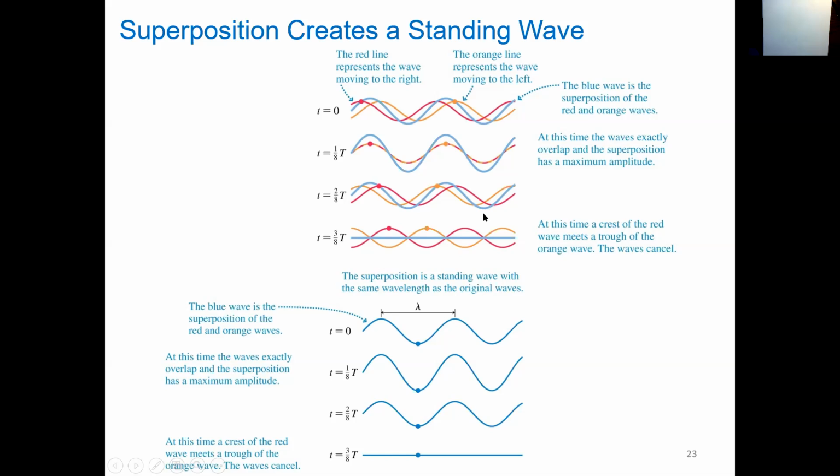Now they have shifted phase a little bit, and now we're 1/8 of a period different from where we started. And in this case, it just so happens that our amplitudes line up. The amplitude of the red one and the amplitude of the orange one are the same, and so we get the largest displacement. Another 1/8 of a period goes by.